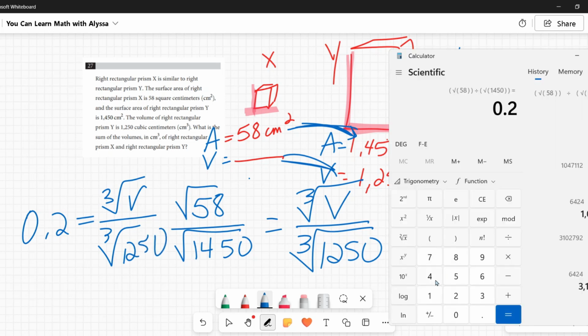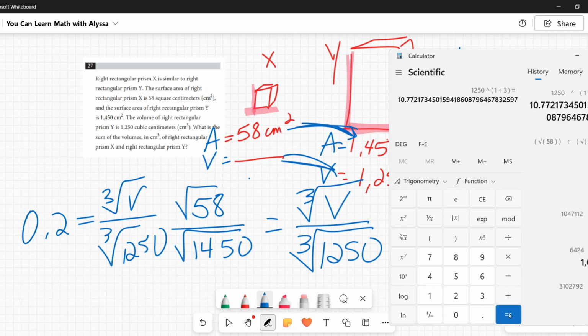And I'm going to go over here and say, okay, what is the cube root of 1,250? Since this is a very basic calculator and doesn't have cube roots, I'm going to do 1,250 to the power of 1/3, because that's the same thing as a cube root. Woohoo! All right, and I get this 10.77 long sort of thing. So that's the cube root of 1,250.